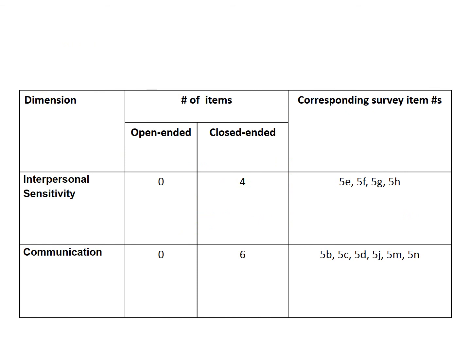Lastly, my team and I then decided on the number of closed versus open-ended items to include on our survey for each dimension. Once we then drafted the survey, we then went back and inserted the corresponding survey item numbers for each dimension. So you will not be able to complete this corresponding survey item column of your blueprint until you have a draft survey developed.